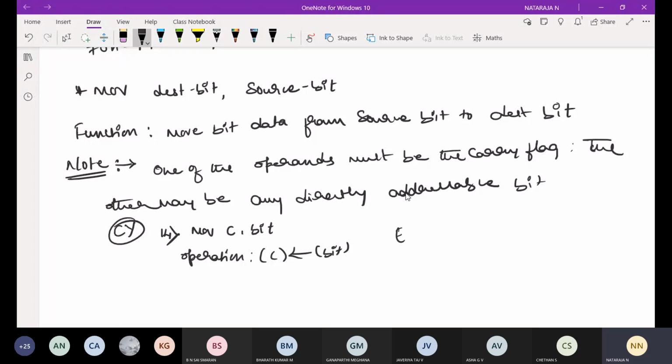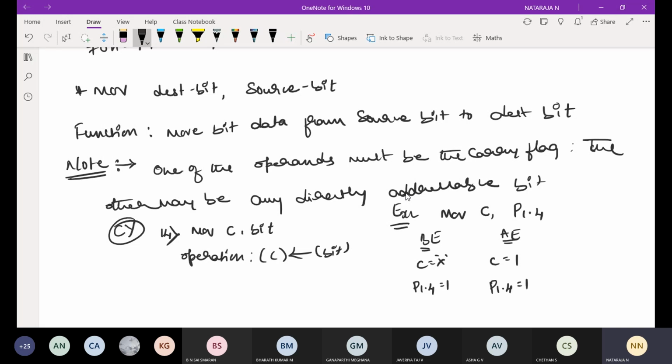Next example for this: MOV C, P1.4. Before execution, C is don't care, no data, and P1.4 is 1. After execution, C is equal to 1, that is the carry flag.